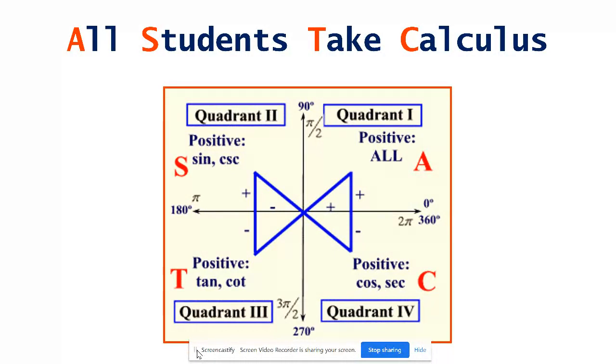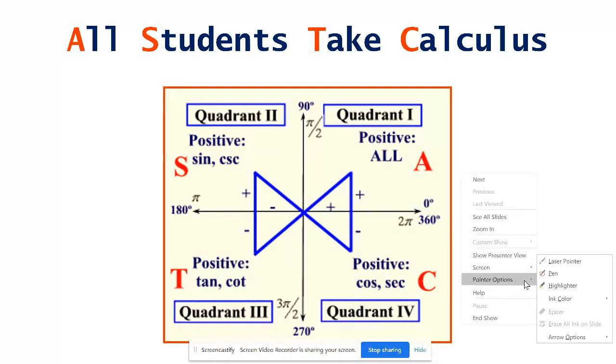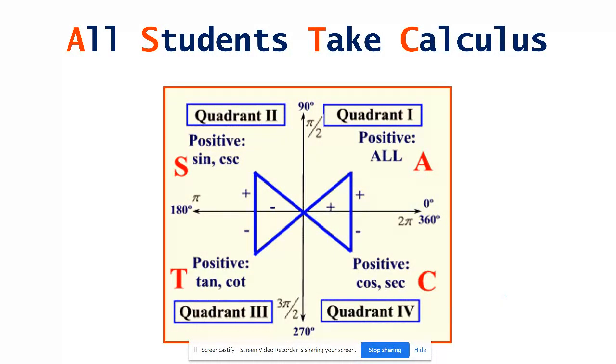So, anyways, the meaning of this, the A stands for all, and you start in quadrant one. So in quadrant one of the coordinate plane, any angle that falls in that quadrant is going to have a sine, a cosine, and a tangent that is positive. So your sine is positive, your cosine is positive, and your tangent is positive.